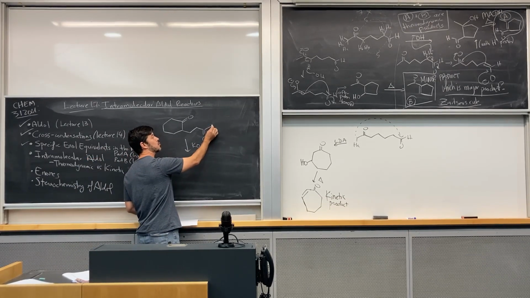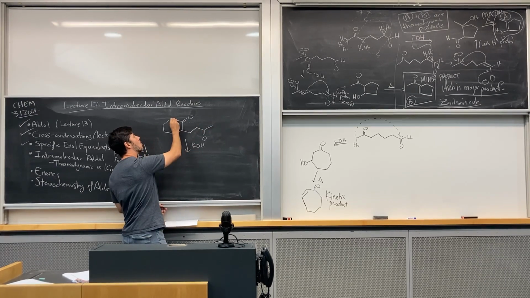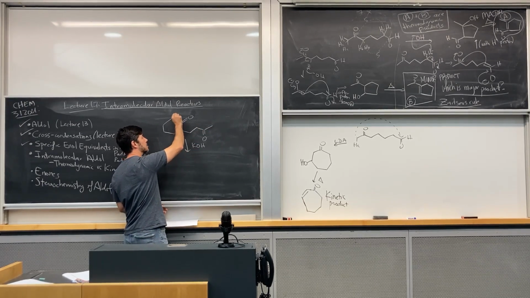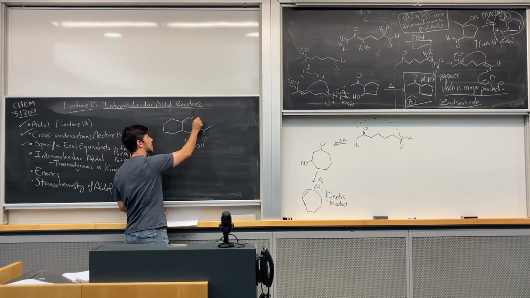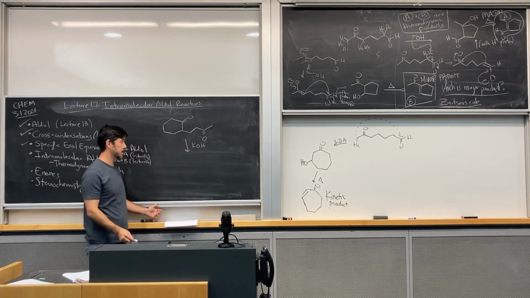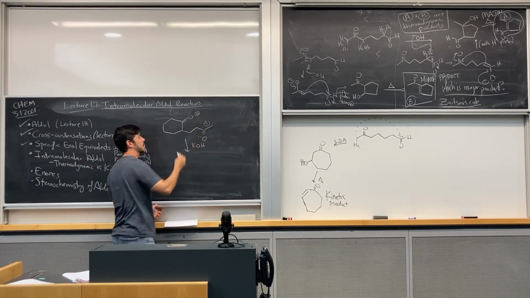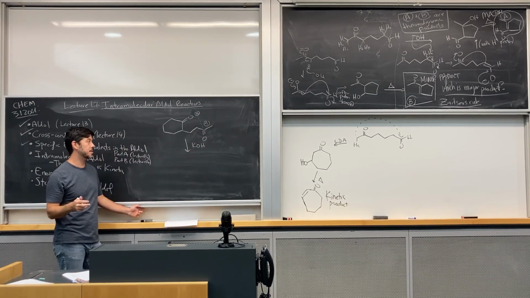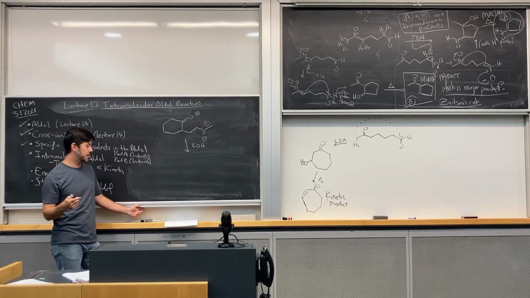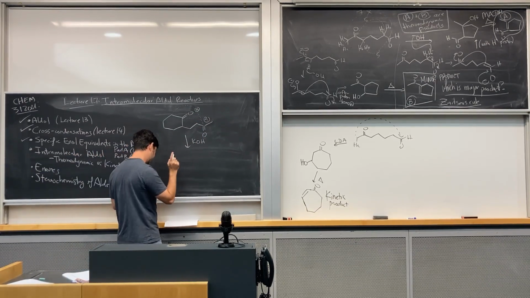You could imagine removing these protons, forming a 1, 2, 3, 4, 5, 6-membered ring here, or you could imagine this scenario where we form a 1, 2, 3, 4, 5, 6-membered ring. So let's call this pathway A, pathway B. Both 6-membered rings, which one is it going to be? Let's take a look at pathway B for a second. If pathway B happens, this is what it's going to look like.